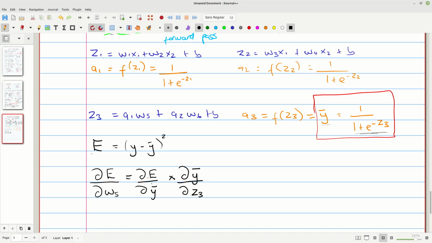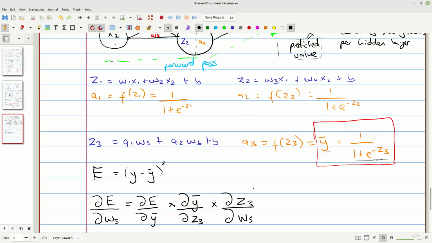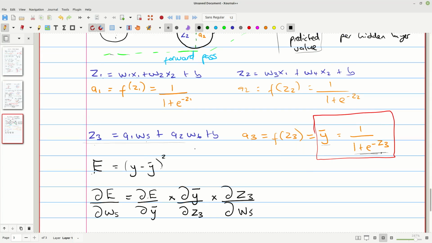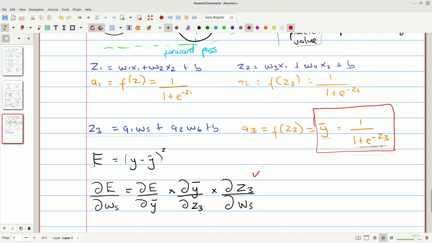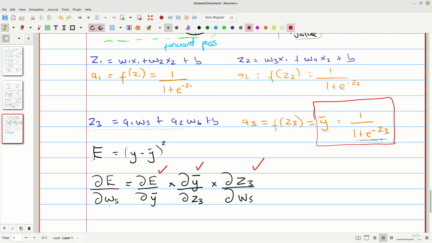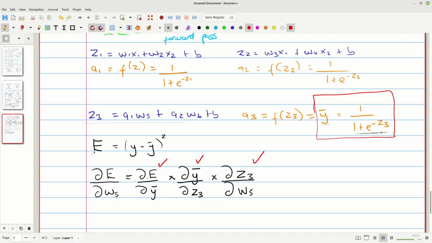We've got an expression in E and y bar, and an expression in y bar and z3, and then times the partial derivative of z3 with respect to w5, because we have an expression between z3 and w5. We said z3 is equal to a1 w5 plus a2 w6 plus b, right? So we multiply these partial derivatives, and then we get the derivative of the error with respect to w5.